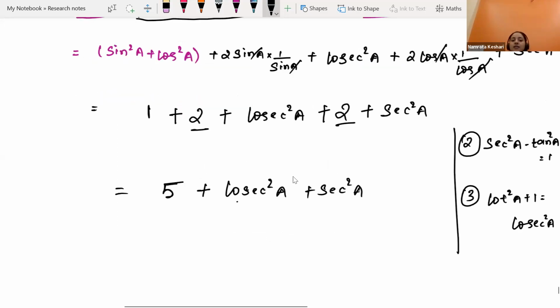So yes, these identities we are having: in place of cosec, we'll be writing cot square A plus 1. And in place of sec square A, we'll be writing 1 plus tan square A.